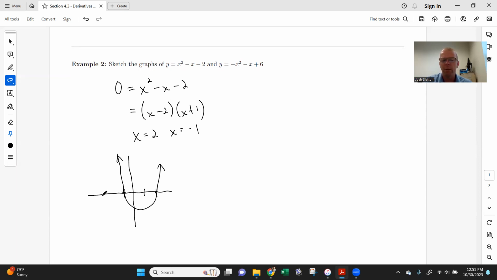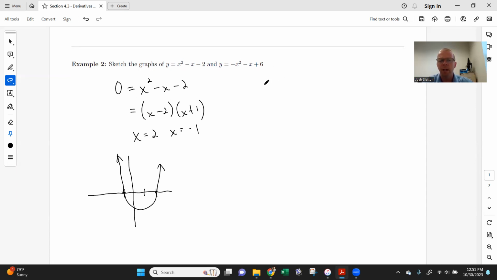In this case, the graph is positive from negative infinity to negative 1, and positive from 2 to infinity, and it's negative between those two. That's what we're concerned about. So the quicker you can see that, given the zeros and the leading coefficient, the better.